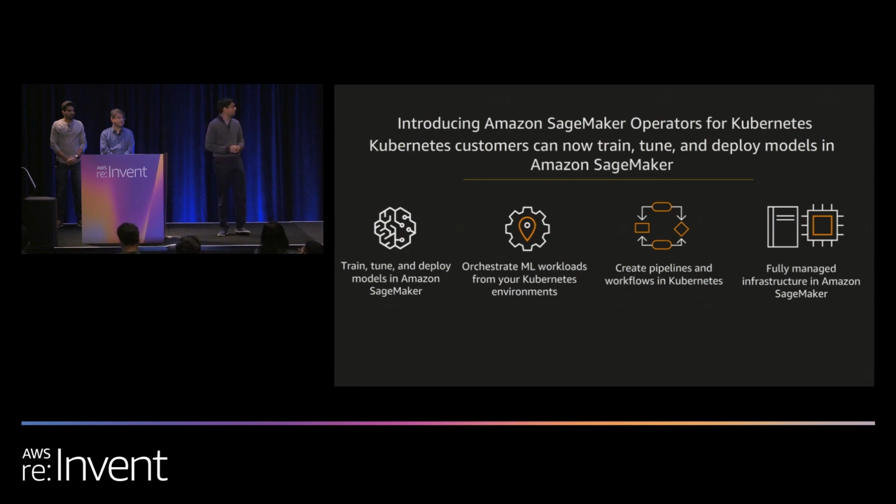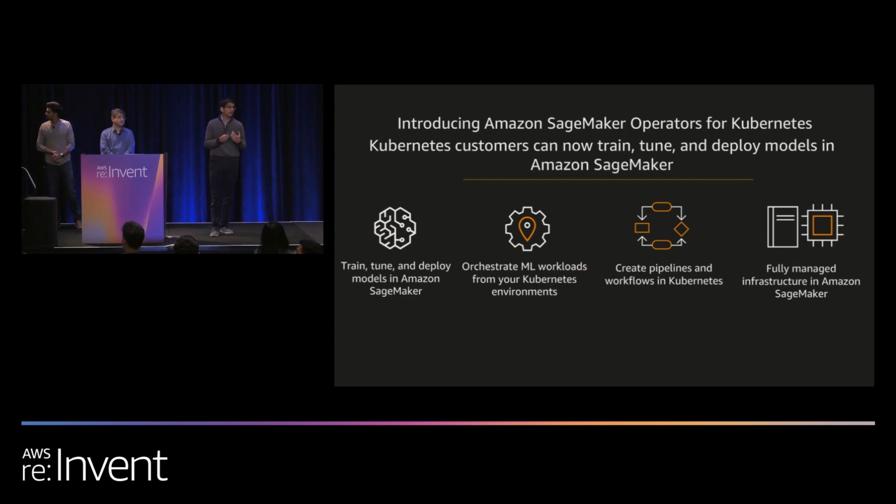So earlier this week, we launched SageMaker Operators. And with these operators, you can now train, tune, and deploy all of your machine learning models in SageMaker from Kubernetes. So let's unpack that and what that means. You have a Kubernetes cluster, and this Kubernetes cluster could be dedicated for machine learning, or it could be part of a broader application cluster that has one piece of it that represents your machine learning workflow.